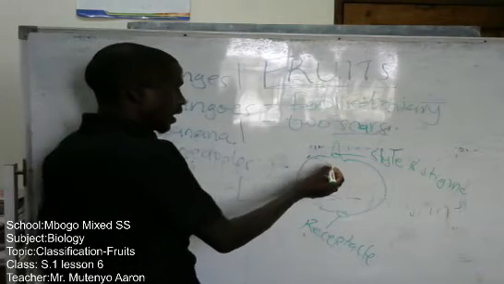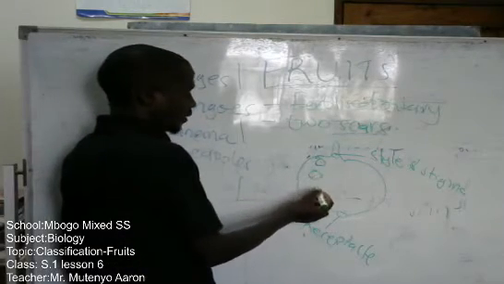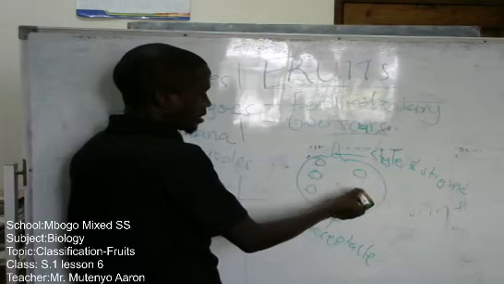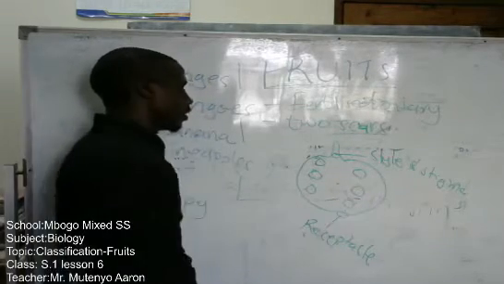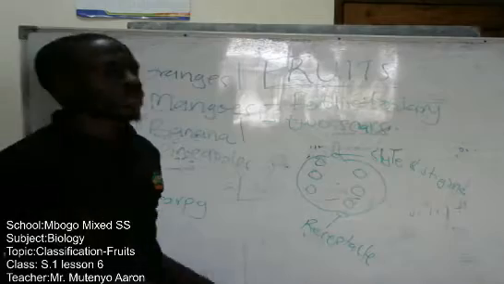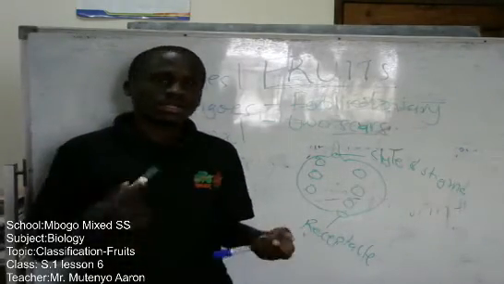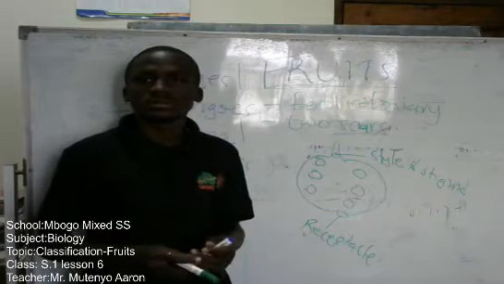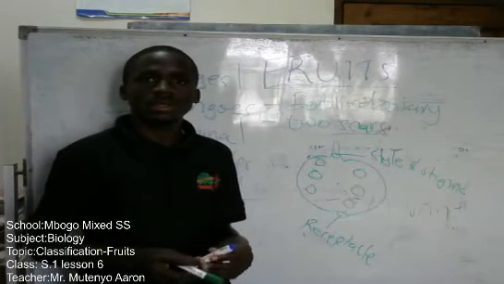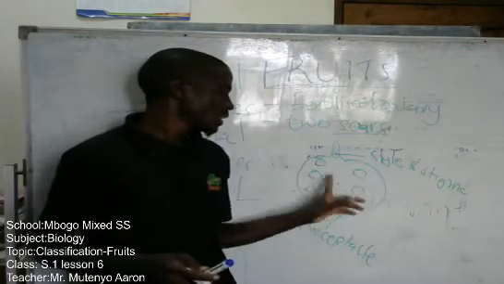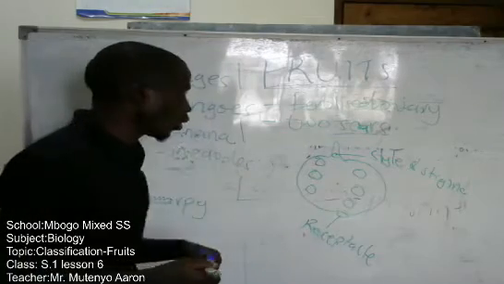Now, of course, inside here we can have the seeds like that. This is an illustration. Now, question: from which part of the flower do seeds come? As you're studying with me, these seeds develop from ovules.